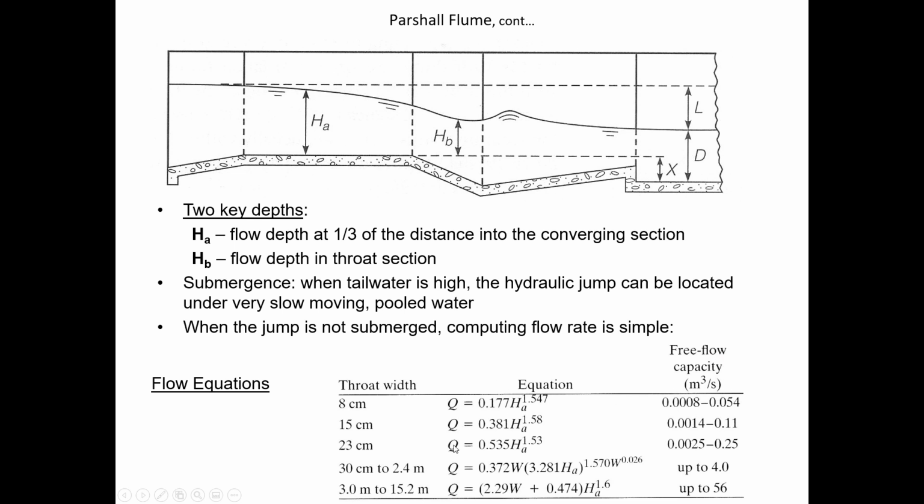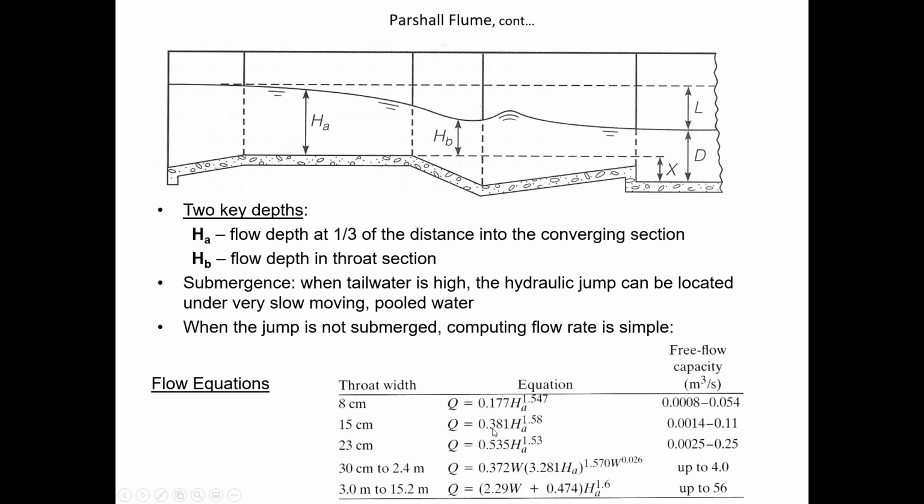You'd use this equation, and if there's plenty of capacity in the channel downstream and the hydraulic jump you can see and it's not drowned, then it's really simple to find the flow rate. You just put in the depth of flow, and you can tell that this is an empirical equation and not a fundamental equation because it has these very strange coefficients in front of it.